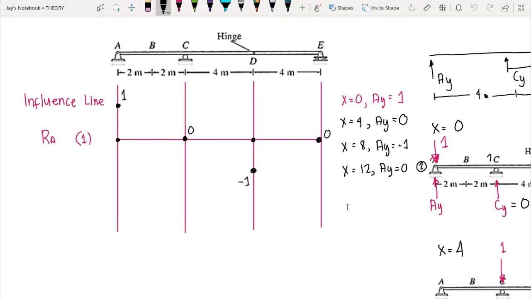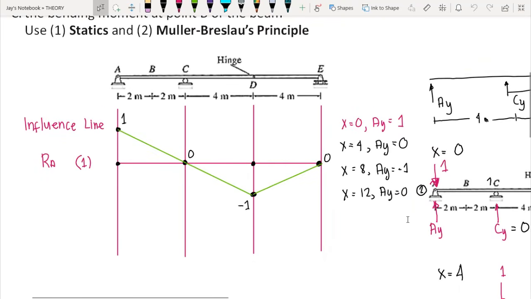this influence line. So this would be the influence line for the reaction at A using the static method. Now, what does it mean? If our live load is at point A, or at x equal to 0, this would give us a positive reaction. Okay? And if our live load here is at point C, or at 4 meters from A, that means we do not have a reaction at A, since we have a 0 coordinate here.